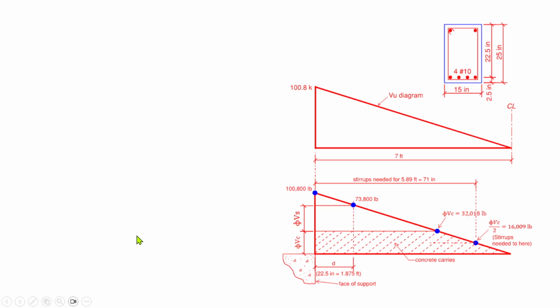The next one is to determine the maximum theoretical spacing of stirrups at the distance d from the face of the support, which is this one here, from the face of the support to here.